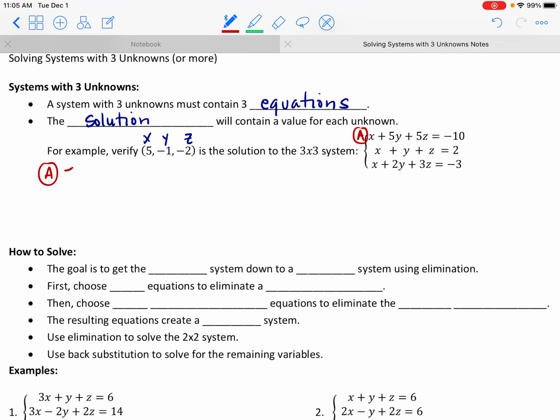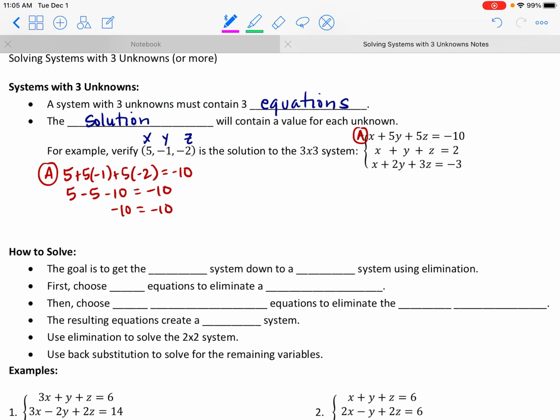So an x, which is 5, plus 5 times y, which is -1, plus 5 times z, which is -2. This should equal -10. And so we have 5 minus 10. And the 5 and -5 cancel, and -10 does in fact equal -10.